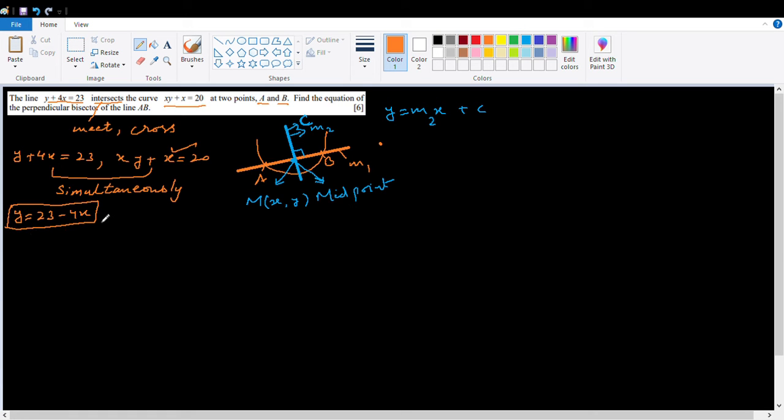So now let's replace it here. It will become x into 23 minus 4x, plus x equals 20. Let's simplify it: 23x minus 4x square plus x equals 20.